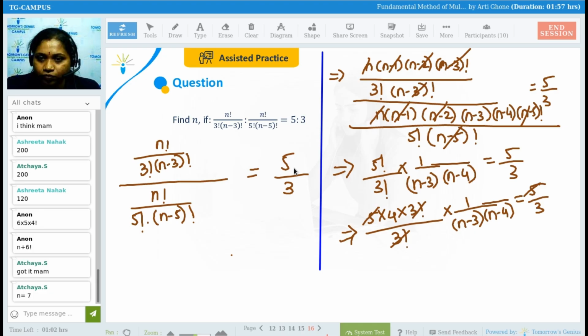Now see the first factorials, and as JEE students you must do it in very fewer steps. Don't do it like this: a plus b plus c plus d is equal to 21, then a plus b plus c is equal to 21 minus d. This is not the case for JEE. You have to solve any JEE question in a smaller number of steps.